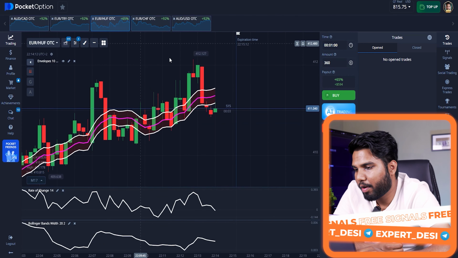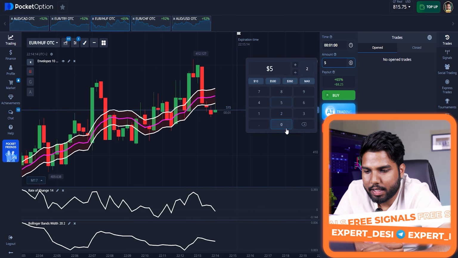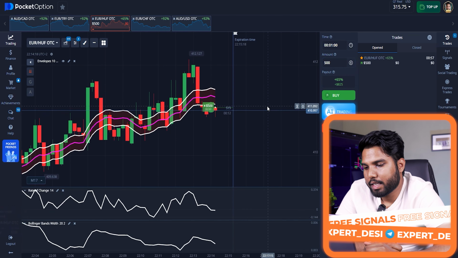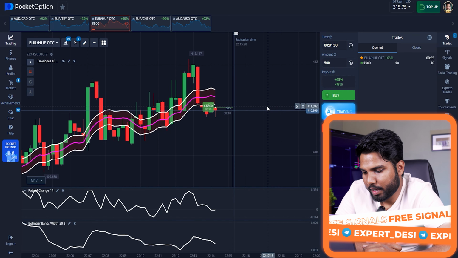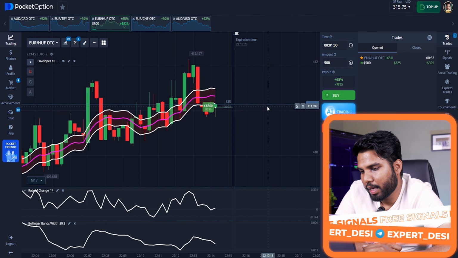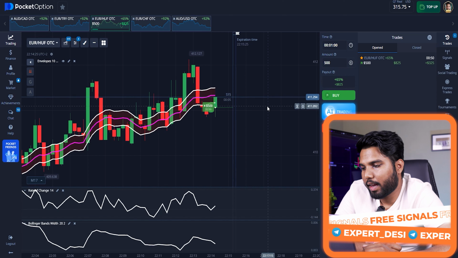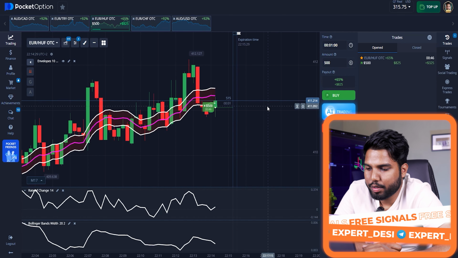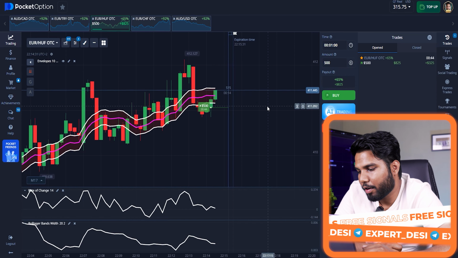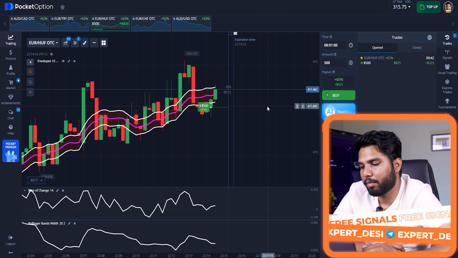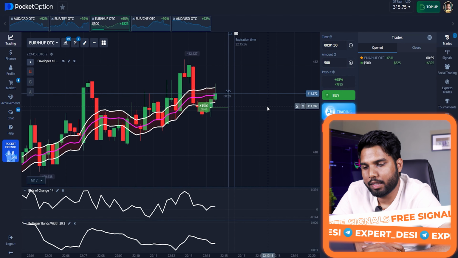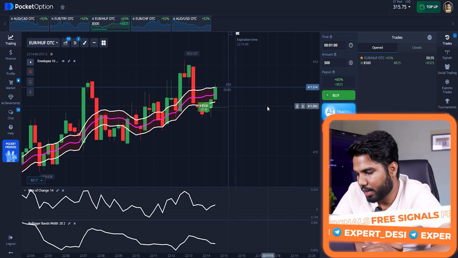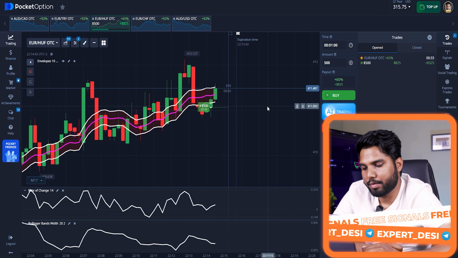So let's switch to the EUR and HUF pair, increase the amount to $500, and we'll take a buy entry point here, because we can see the market is below the white line in envelopes, which means the market is going down. But if we look at the envelopes overall, we can see it's going up. The general, overall trend is bullish, and we can also confirm it with the rate of change.